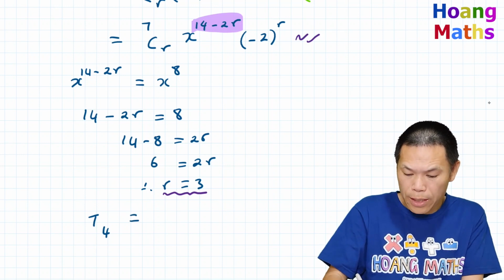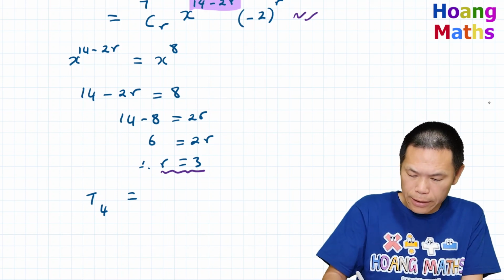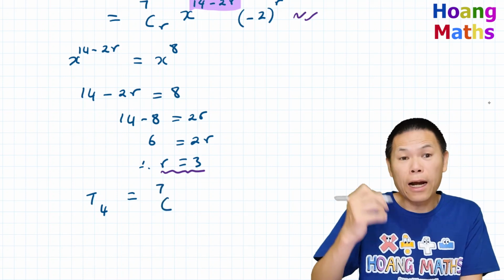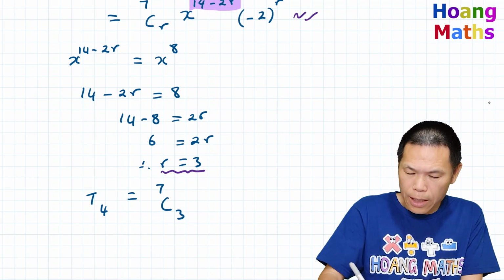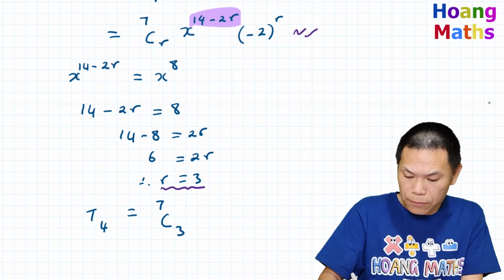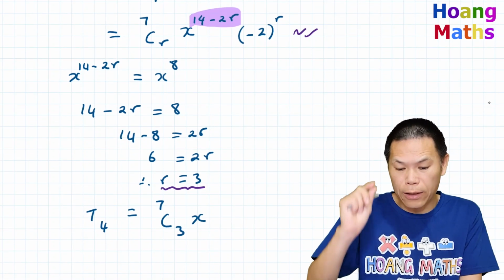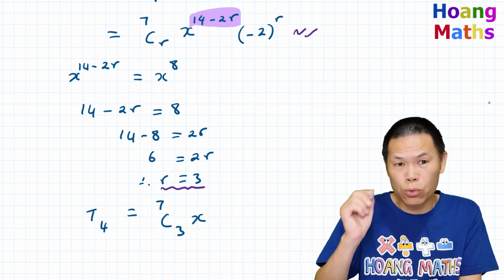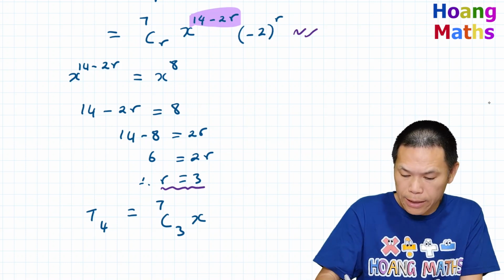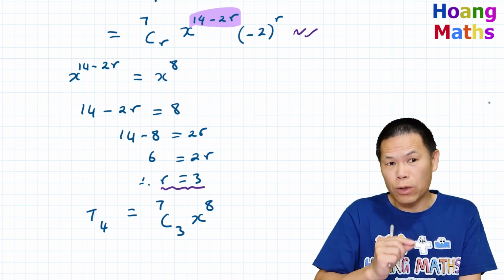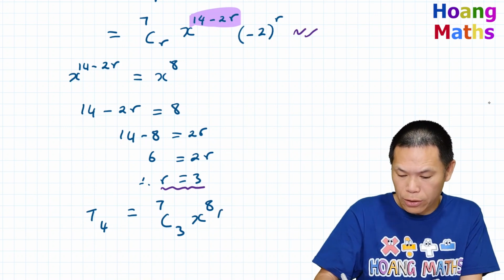So term 4, that is n is 7, Cr, r is 3, and then x to the power of 14 minus 2r. Okay, 14 minus 6, because 2 times 3 is 6, is 8. That's exactly what the question is asking for. Okay, so minus 2 to the power of r, r is 3.